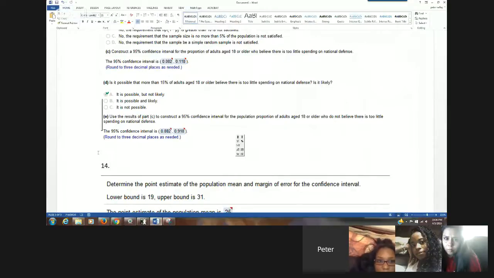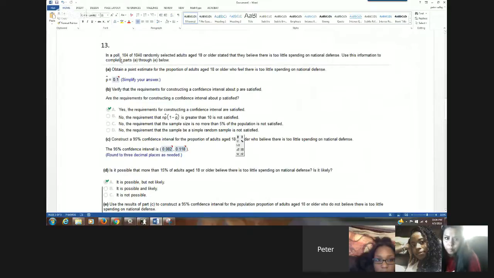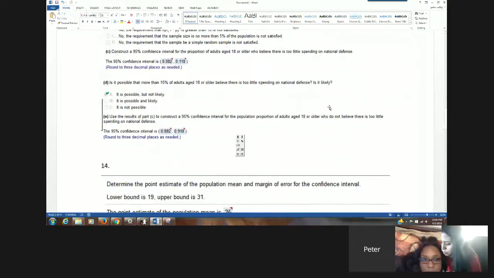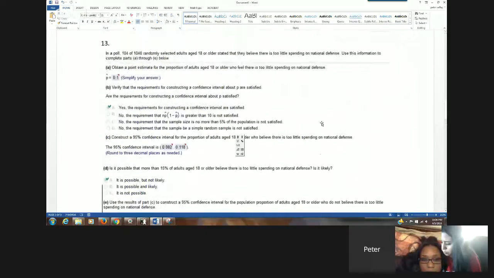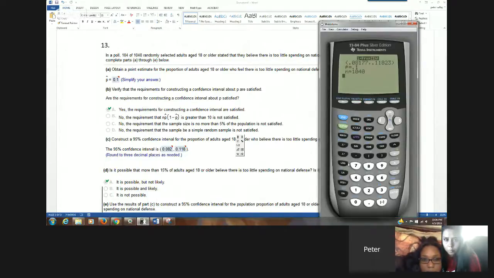So it says use this other interval to construct who do not believe there is too little. If this group right here, the 0.1, believe that there is too little, then the not believe would be the other side of the coin. So what is that? 1040 minus 104. So 936.